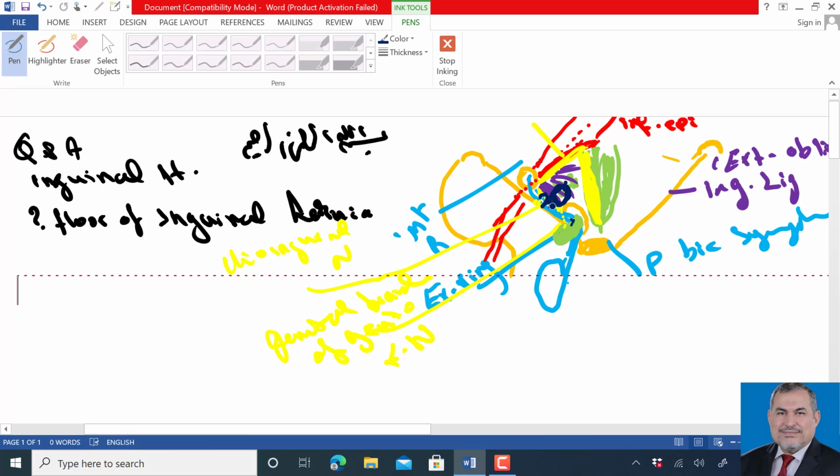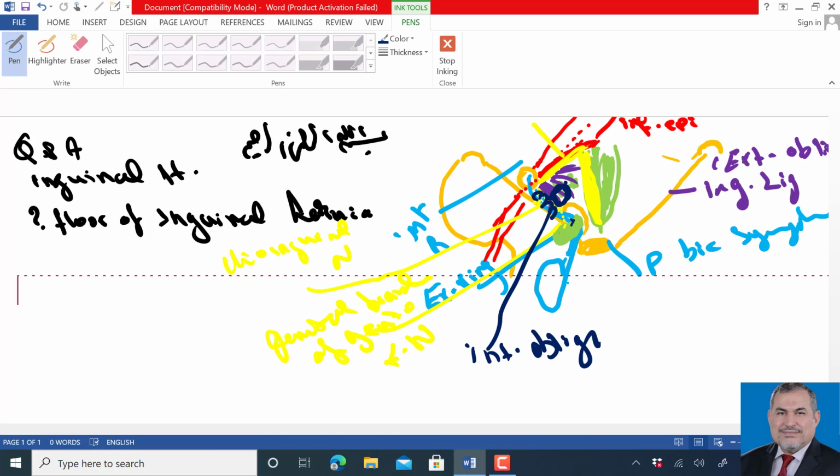The cremasteric muscle that covers the cord is from internal oblique. From which muscle is the inguinal ligament derived, or what we call Poupart's ligament? It's from external oblique.